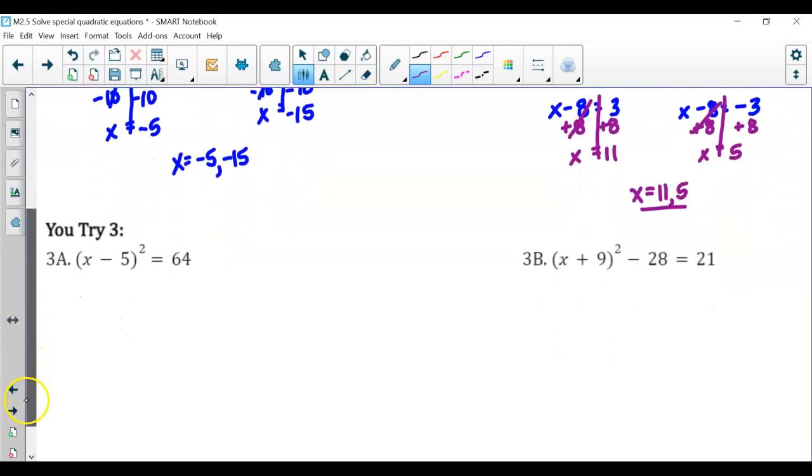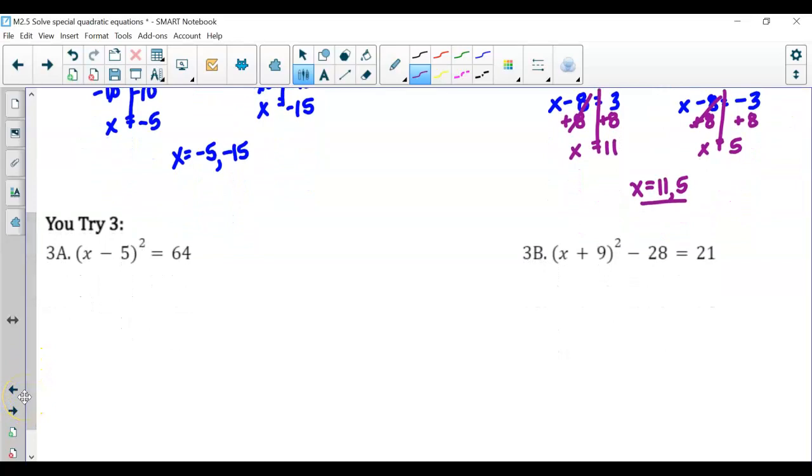So go ahead and pause the video now and try these two U-tries on your own. And here we go. So here you should have noticed in the first example, you can't add 5 yet because it's all grouped together by your exponent. So the first step is now take the square root.